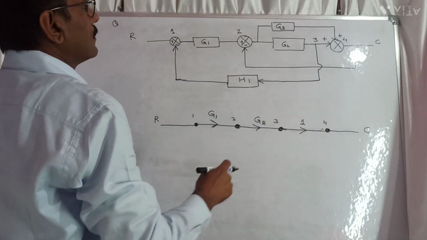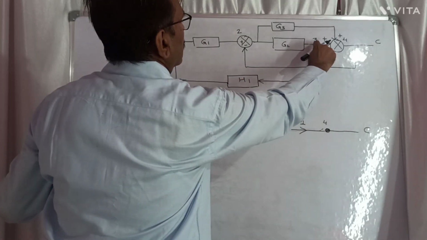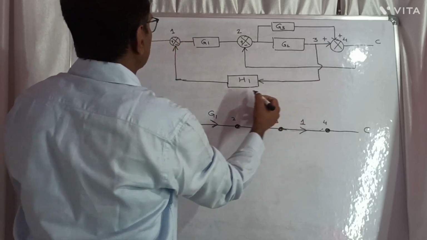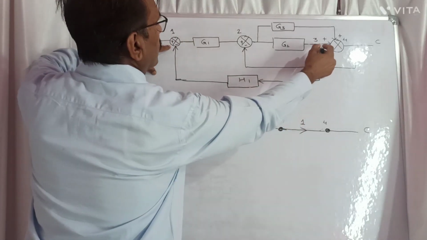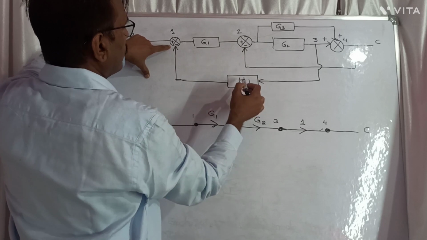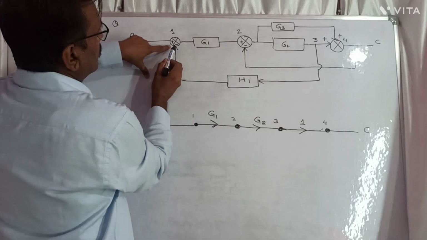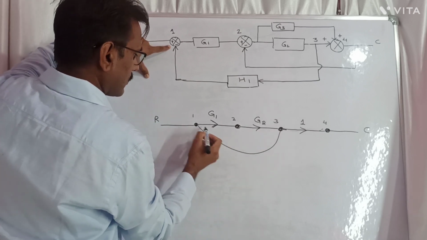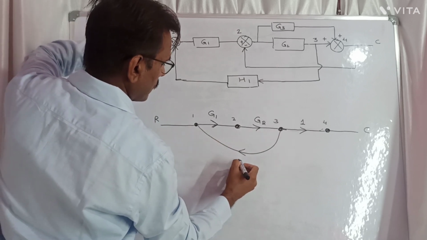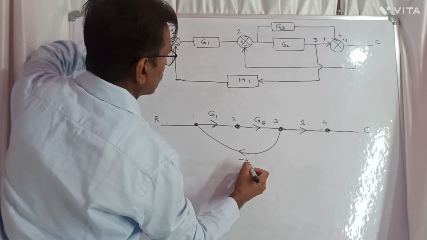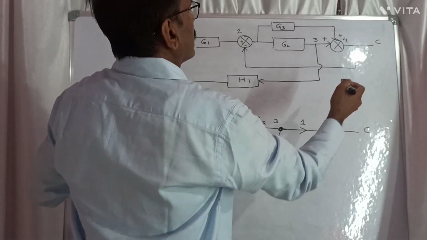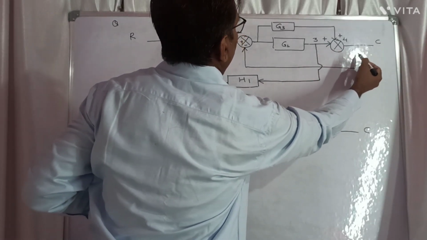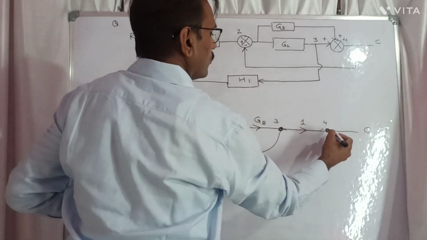So starting from 3 there is a feedback H1 with negative sign. So we will make the feedback gain minus H1. Then from 4, starting from 4 it goes to 2.